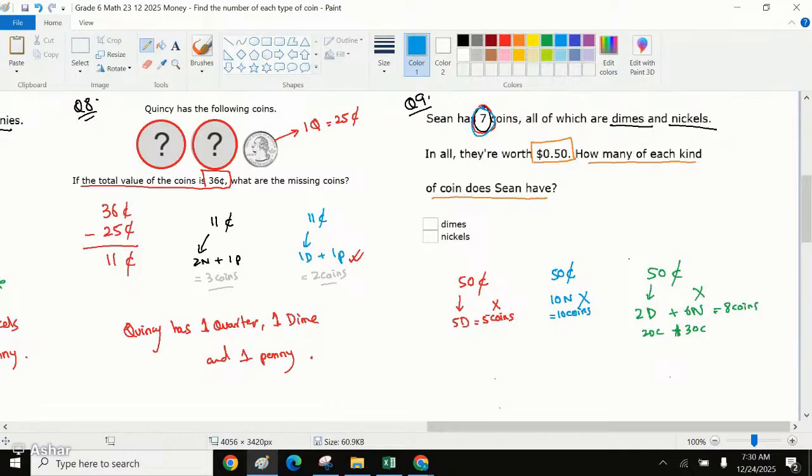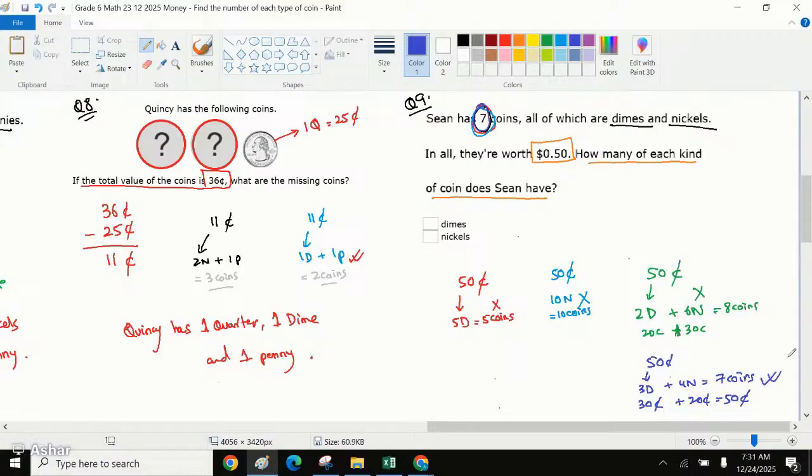Can we try another option? Can we say 50 cents is broken down into 3 dimes plus 4 nickels? 3 dimes is 30 cents. 4 nickels is 20 cents. That means it equals 50 cents, and we still have 7 coins, and 7 was our requirement.